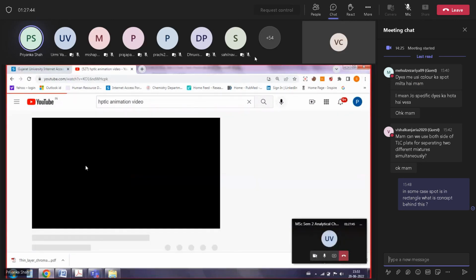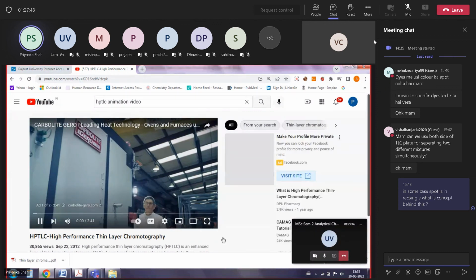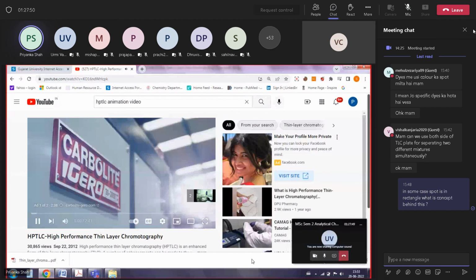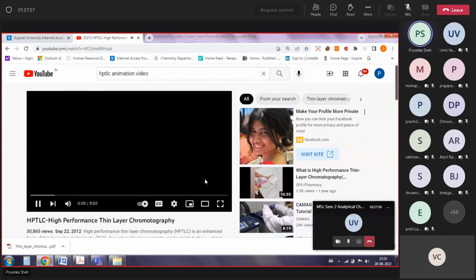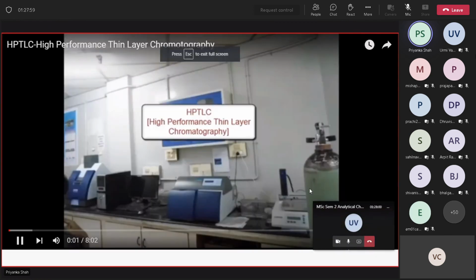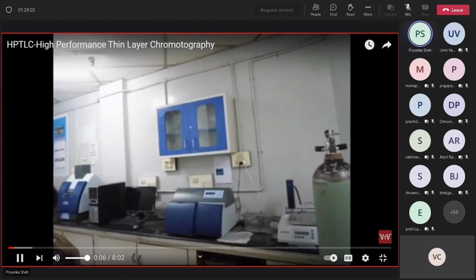Here you can see how this coating is done. High performance thin layer chromatography.